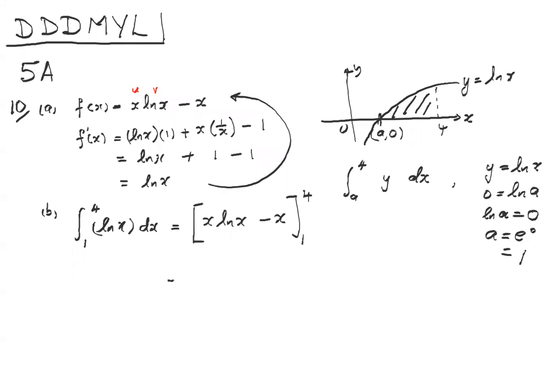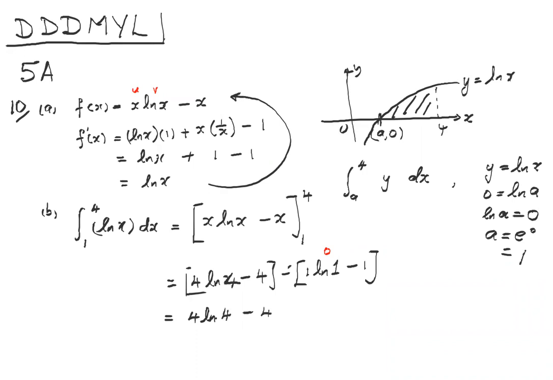So the answer is, you substitute with 4, take away, substitute with 1. ln 1, the answer is 0, so everything will be 0. So now you have 4 ln 4. Sorry, here should be a 4. Take away 4. Minus and multiply, you expand, you get plus 1.